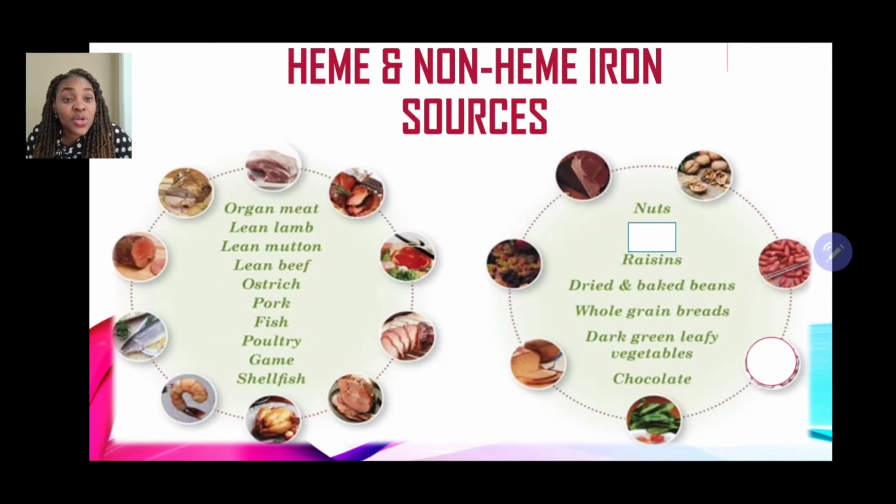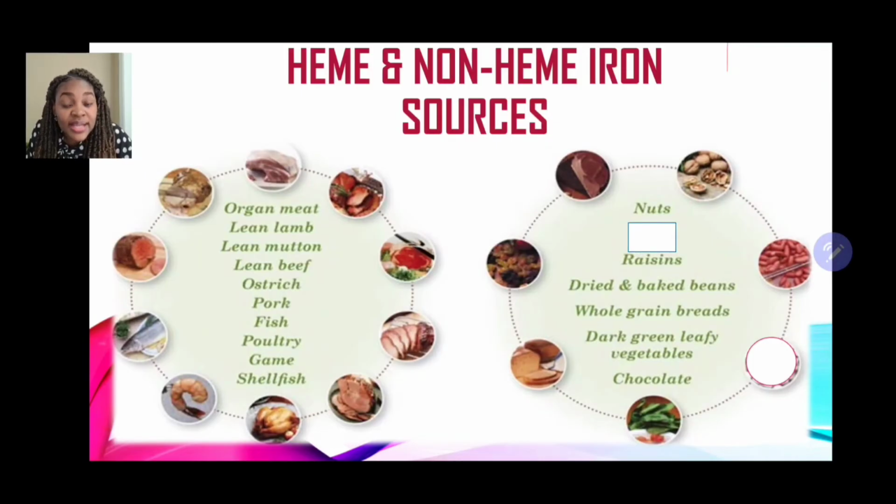Now, as it relates to non-heme iron sources, they are from the plant sources. Good. Now, these plant sources that are rich in iron include nuts, raisins, beans, green leafy vegetables, and also chocolate. Now, the difference between these sources, we can look at many differences. One of the differences is the source from which these products come. So the heme iron source comes from animals, non-heme iron source come from plants, right?